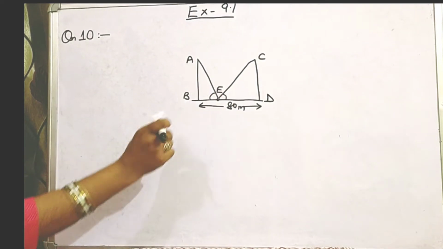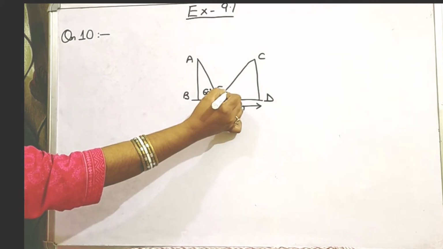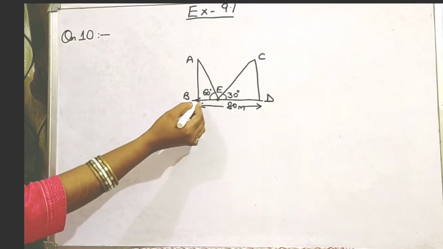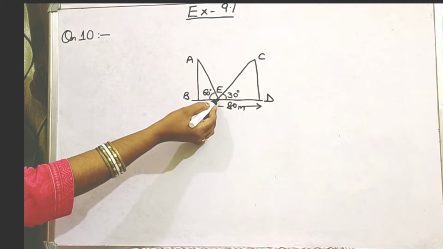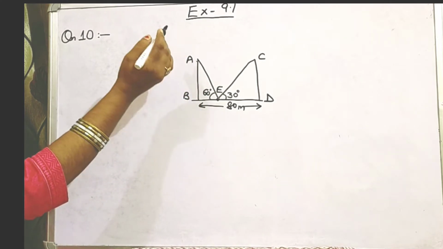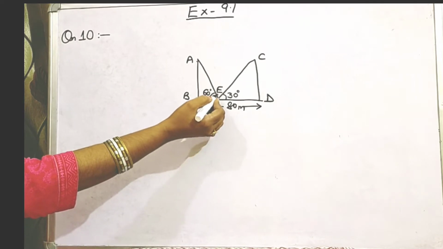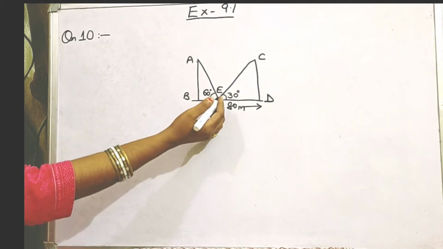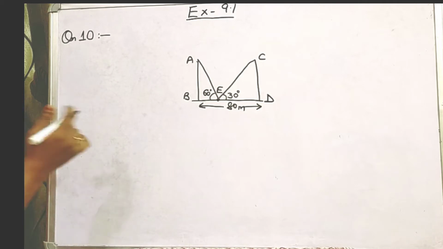So note it down here: this should be 60 degrees and this should be 30 degrees. So angle AEB is 60 degrees. This is the first elevation angle from point E up to the pole. And the second one, the angle of elevation from this same point for the second pole, which is of the same height, is 30 degrees.